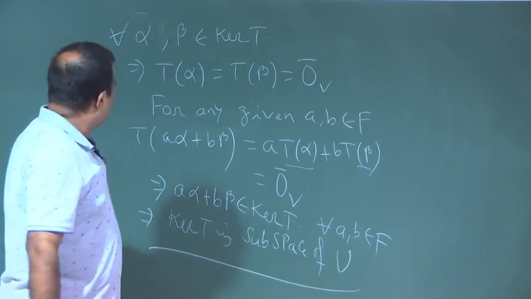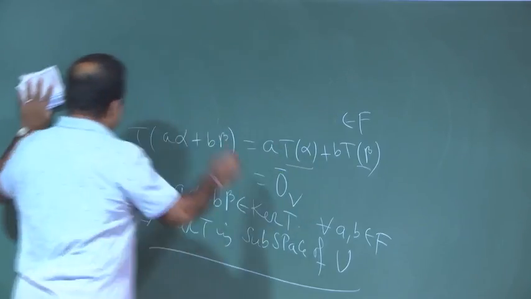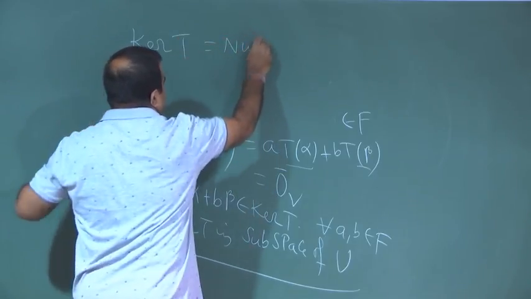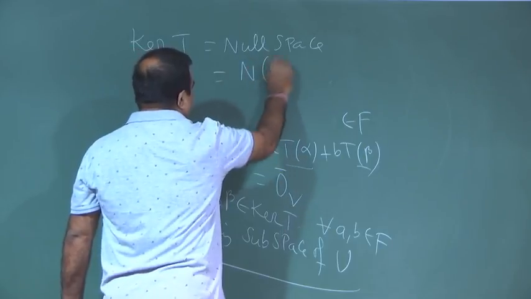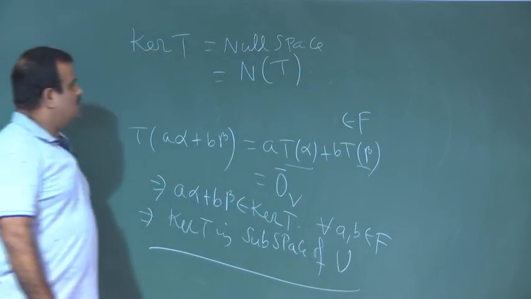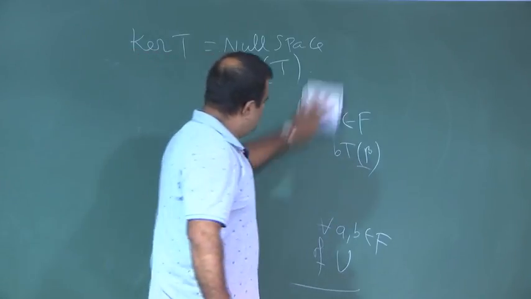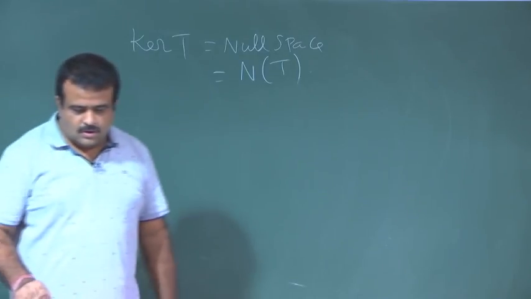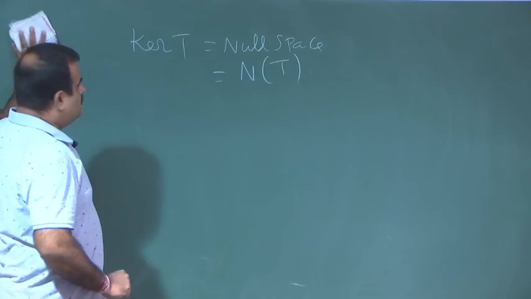So, this is also called the null space. Sometimes the kernel of T is also called the null space and it is written as N(T). Okay. So, now we will have some theorems on it.